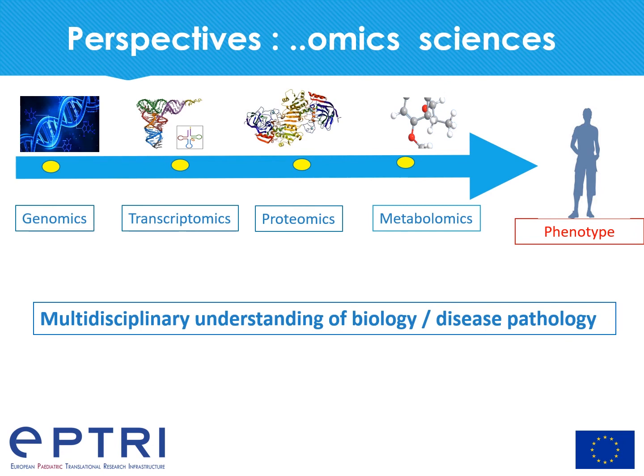There are multiple perspectives in the omics sciences, including genomics, transcriptomics, proteomics, and metabolomics, to link gene and genotype to phenotype. And all these new sciences will help to understand the biology and the pathology of different diseases.